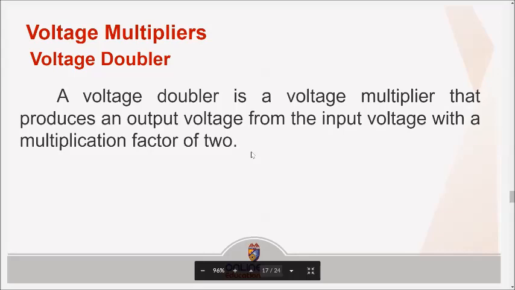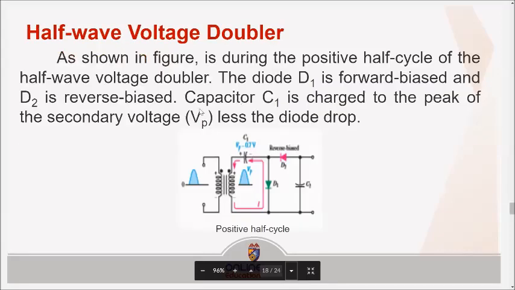How about the half wave voltage doubler? As shown in the figure, during the positive half cycle of the half wave voltage doubler, the diode D1 is forward bias and D2, diode 2, is reverse bias. Capacitor 1 is charged to the peak of the secondary voltage VP less the diode drop. Okay. Makikita nyo sa figure natin, ito nga yung positive half cycle na half wave voltage doubler.